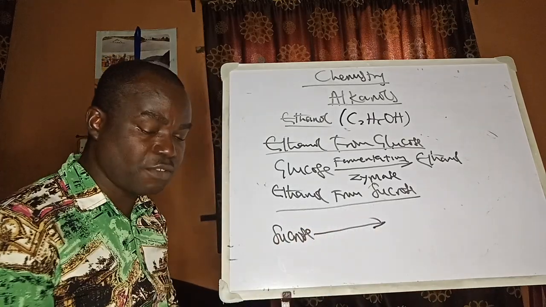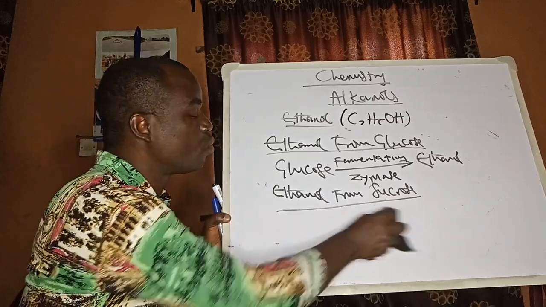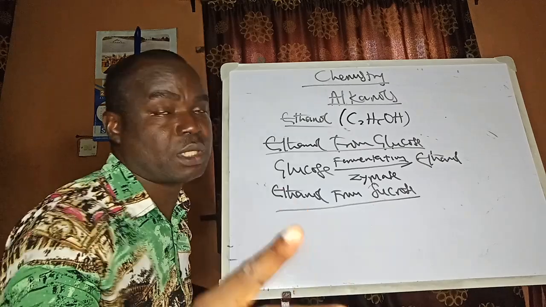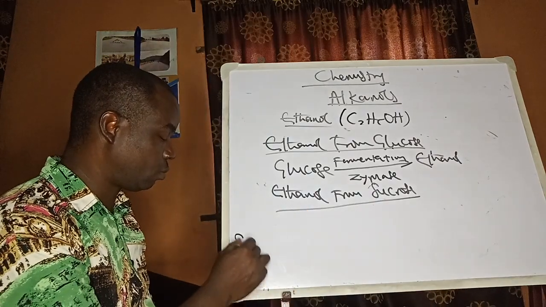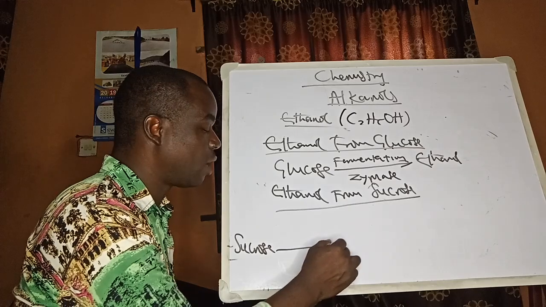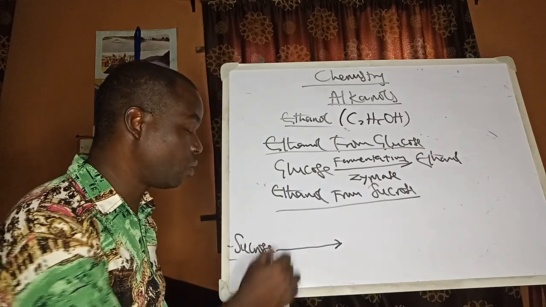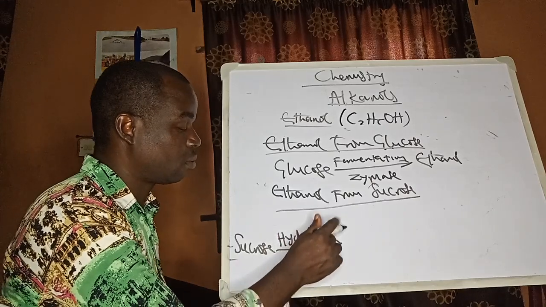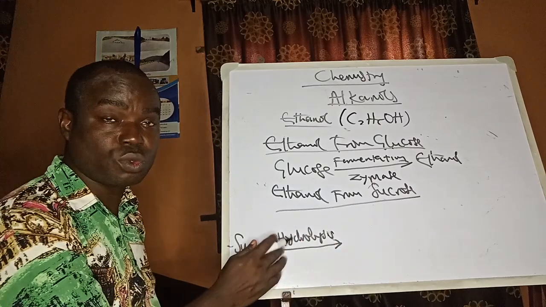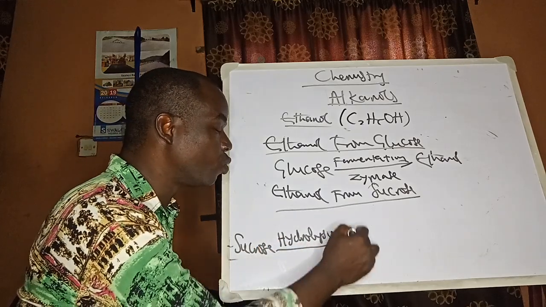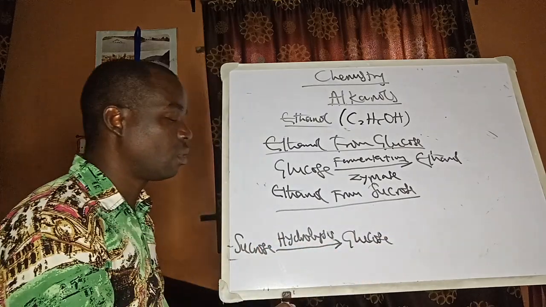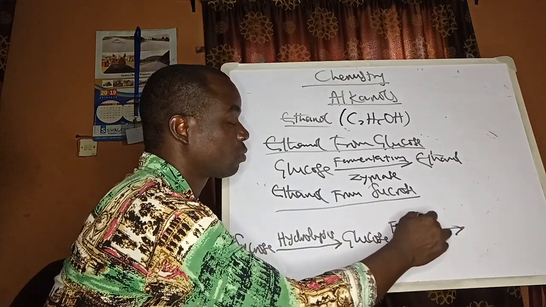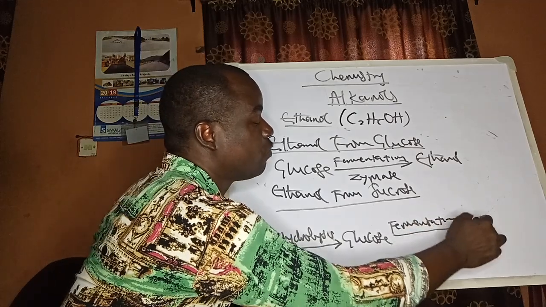For sucrose to give you ethanol, it undergoes two processes. Sucrose undergoes a process called hydrolysis to produce glucose, and glucose will now undergo fermentation to give you ethanol.